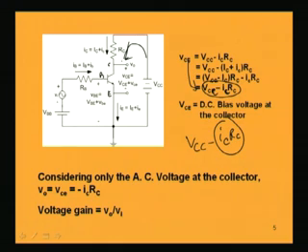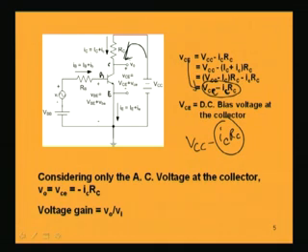Basically voltage gain happens because of this product of the current and the resistance at the collector. IC is nothing but beta times IB. The voltage gain is the ratio between the output voltage and the input voltage. You are getting an output voltage V naught at the collector point.